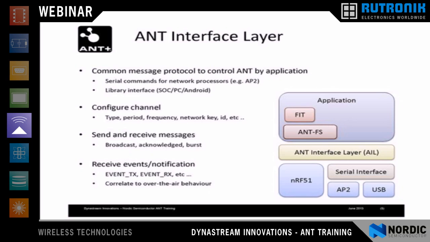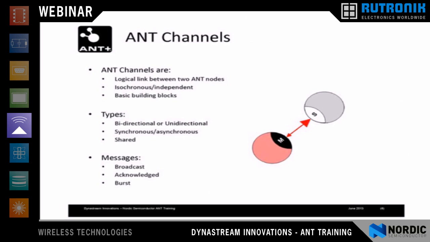You can send and receive messages using a variety of different topologies, and you get event notifications from ANT to your application to let you know the status of your connection. And every connection attempt that you make, every transfer of data, you have a nice quiet background event notification. So it takes very little work for you to develop the network, and you can spend 90% of your time working on your application, what makes you differentiated in the marketplace.